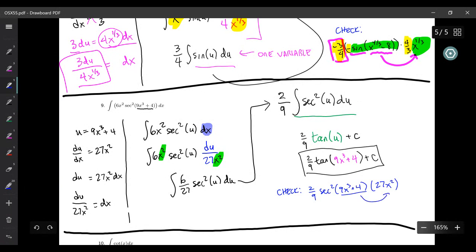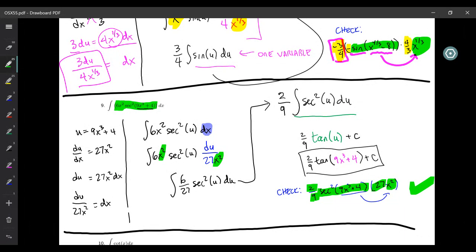If we look at the numeric components, 27 divided by 9 is 3. 3 times 2 is equal to 6. So there's that part. We've got this x squared matching that x squared. And then finally, we have the secant squared component. So it does check off, giving me my final answer here.